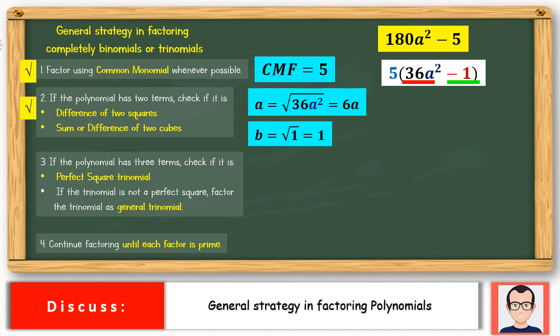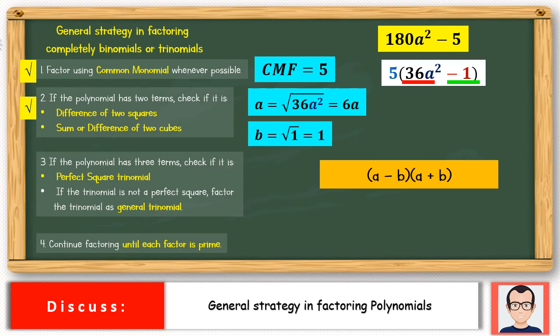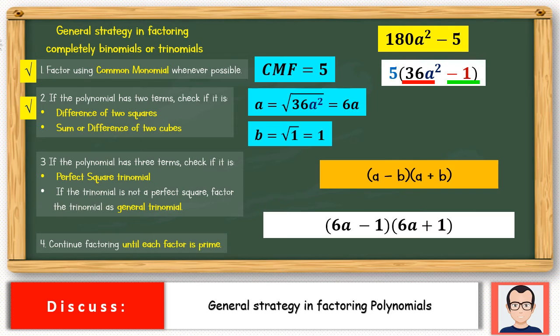We follow the pattern in factoring difference of two squares, which is a minus b times a plus b. Our final answer is 6a minus 1 times 6a plus 1. For the last step, we include the common monomial factor 5 on our answer.